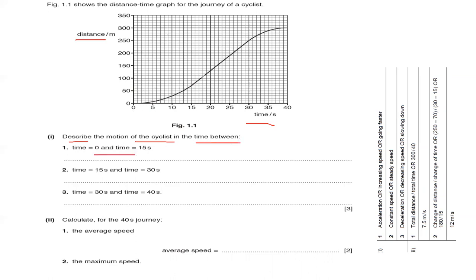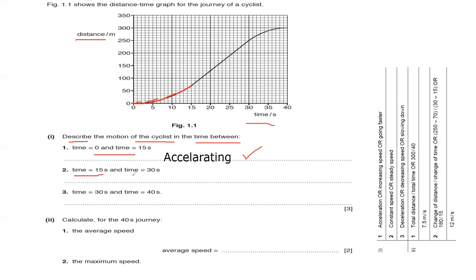So between 0 and 15 seconds, what is happening to the motion? In this part, what is happening to the speed? The speed is increasing, or it is accelerating, that's right.